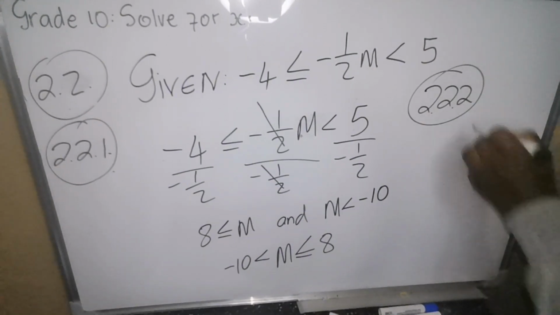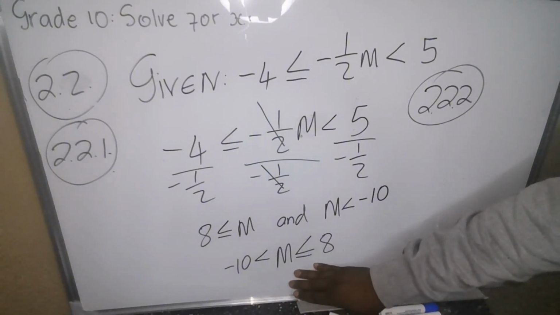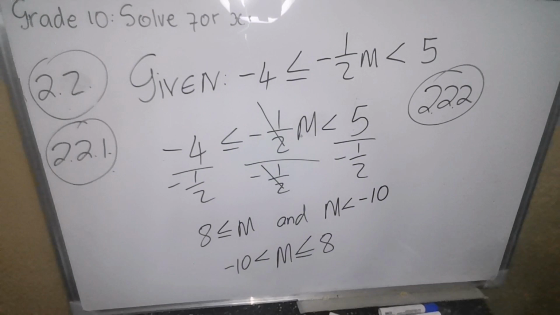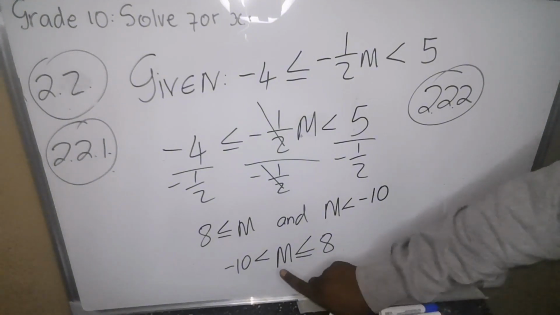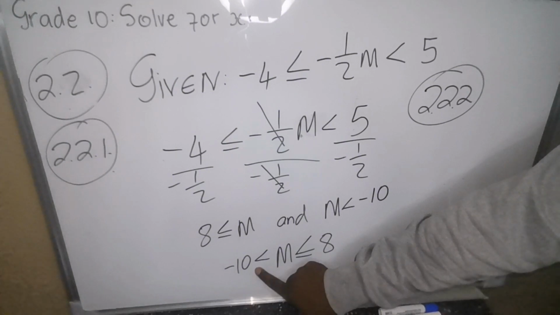2.2.2: You must write this as an interval. As an interval, you must write it in another way, and you must have round brackets and square brackets. How do you handle it? m is bigger than -10.